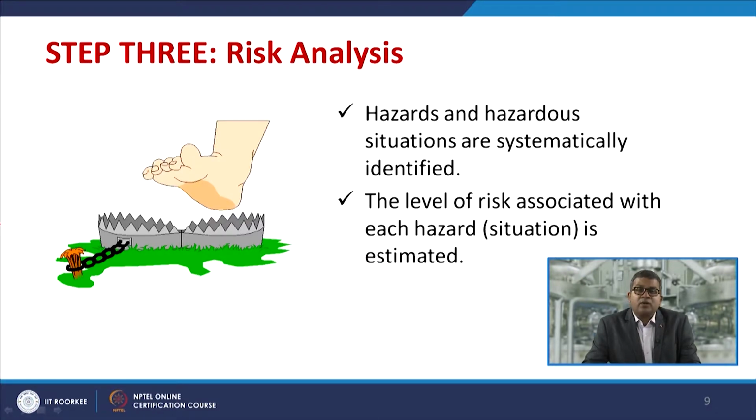Now, based on your analysis, you identify what are the different hazard and hazardous situation that are systematically present at your workplace. That means sometimes it may happen that because of a variety of reasons, the temperature of a vessel may go on the higher side. It may lead to the pressure build up.